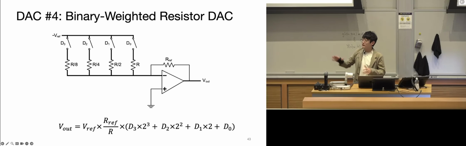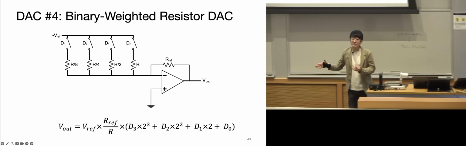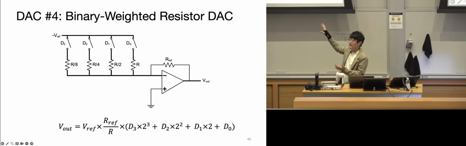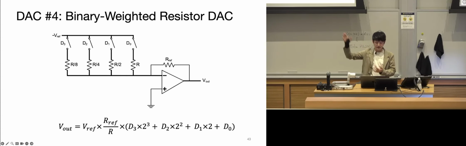All the ones that use the voltage divider concept are all very, very fast. All of these can produce the output in under 1 clock cycle, because similar to before, the switch control is just 1 clock cycle, and after that the voltage output is ready for you.